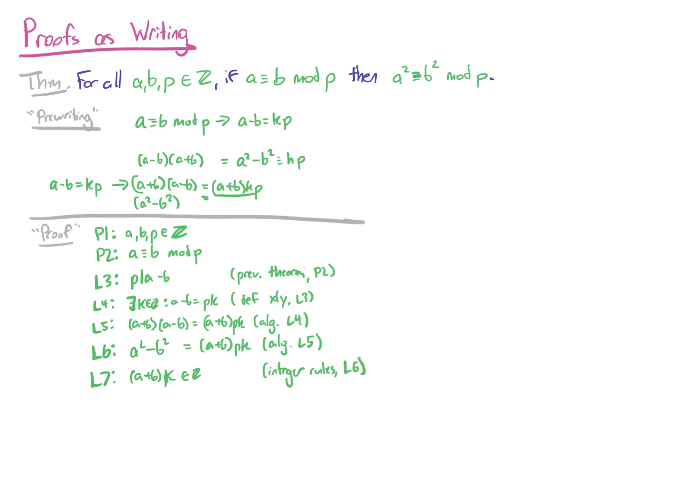Okay, almost home. I've checked my conditions now. It follows that p divides a squared minus b squared, and that is from the definition of x divides y using L6 and L7. And now I'm home.